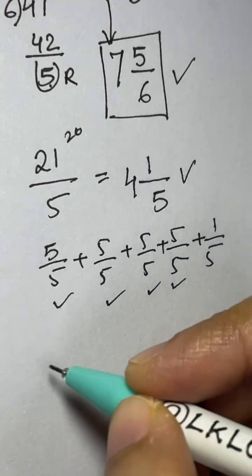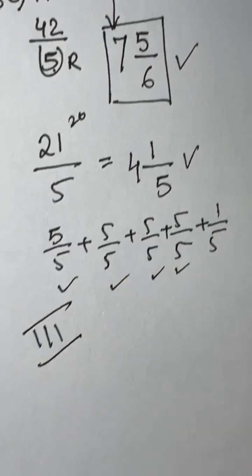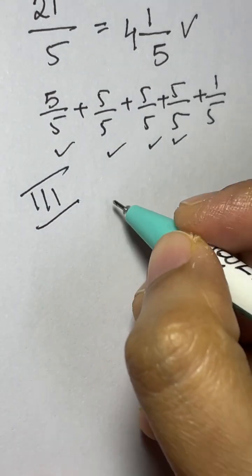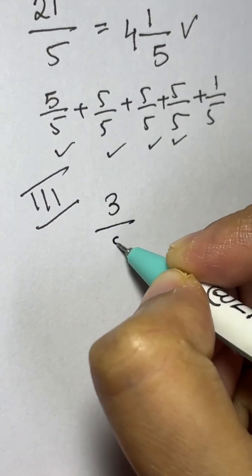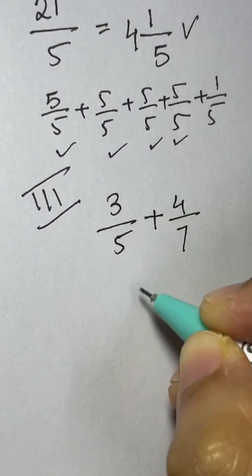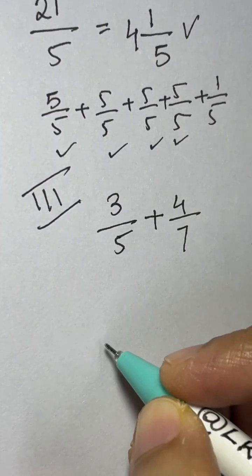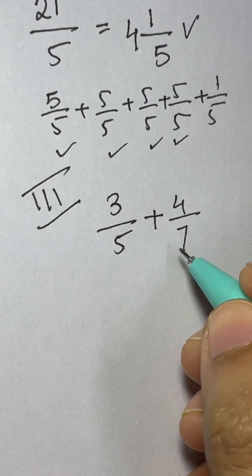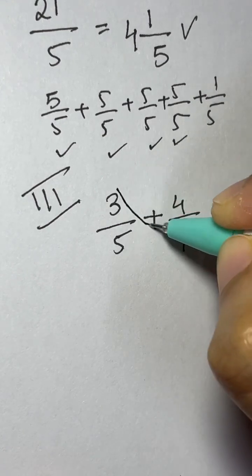Okay, let's see the third part. The third one, we are just going to add 2 fractions. Suppose 3/5 plus 4/7. What are we going to do? You can just take out the LCM and make the denominators the same, or you can use your butterfly method.